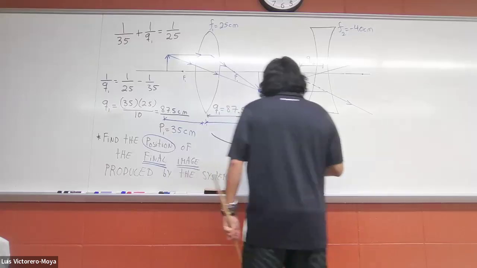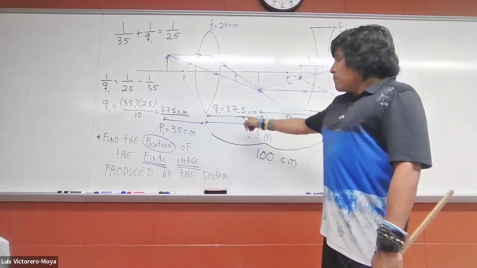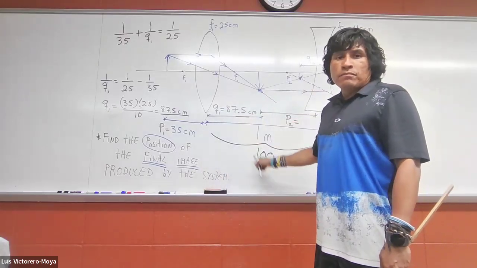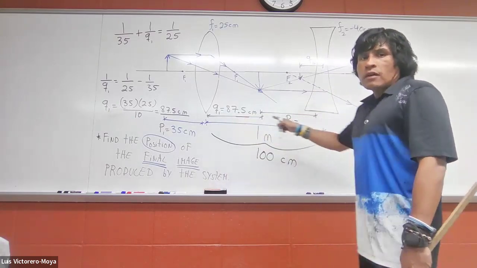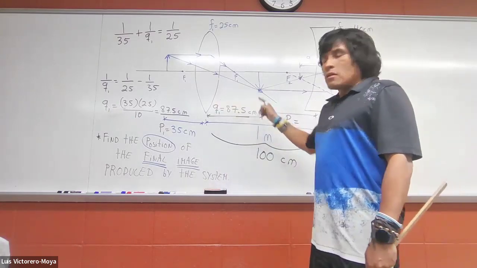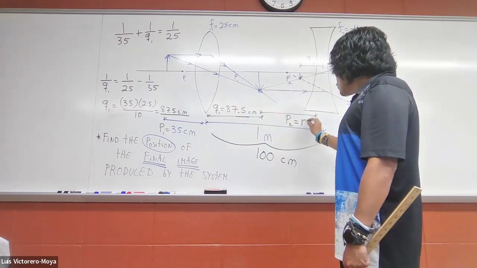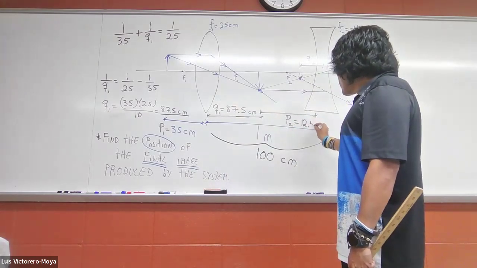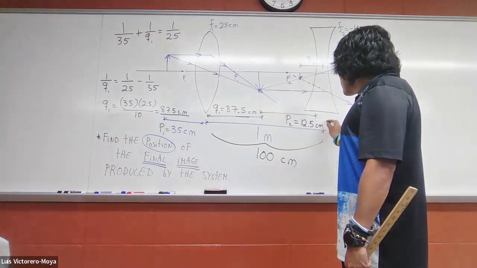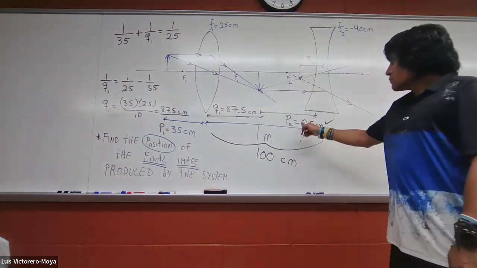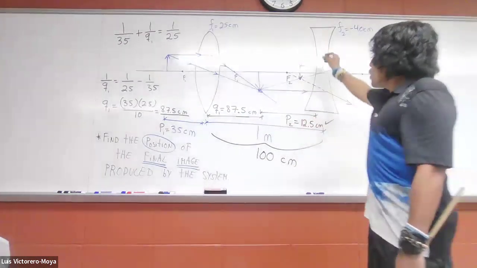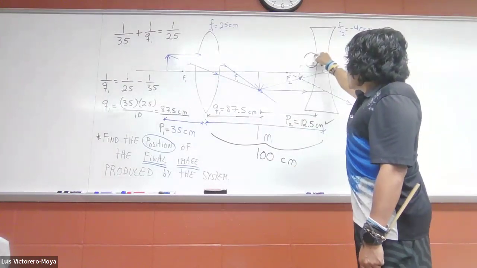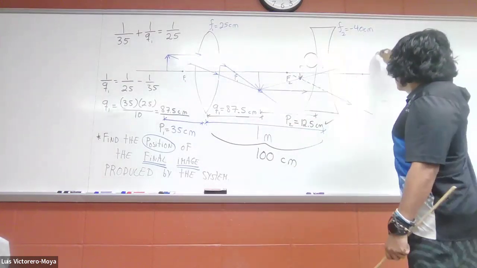Well, P2 is 100 minus 87.5, right? It's all this distance minus that distance here. So that's 12.5 centimeters. That's P2.